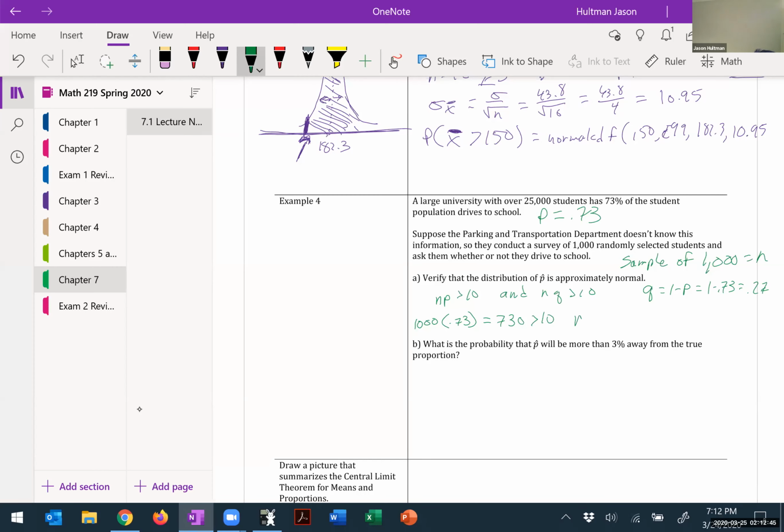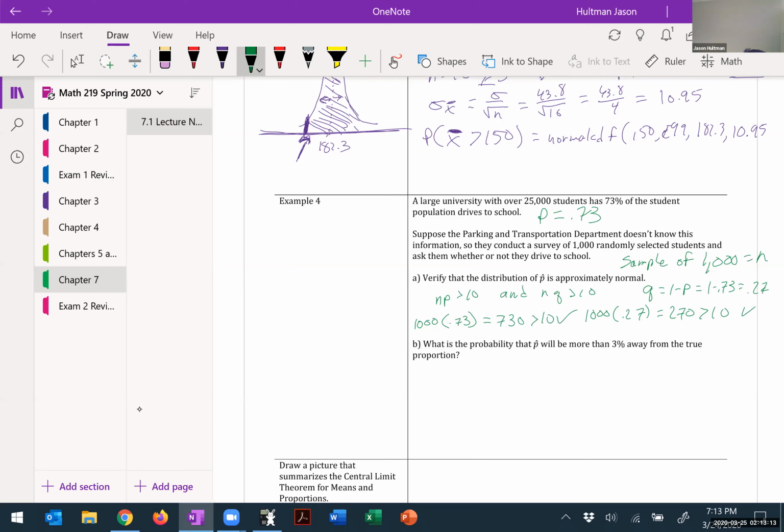Is n times q, or 1,000 times 0.27, going to be bigger than 10? Well, that's 270, which is certainly bigger than 10. So both of these check.